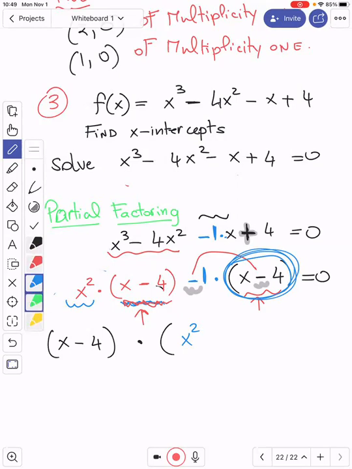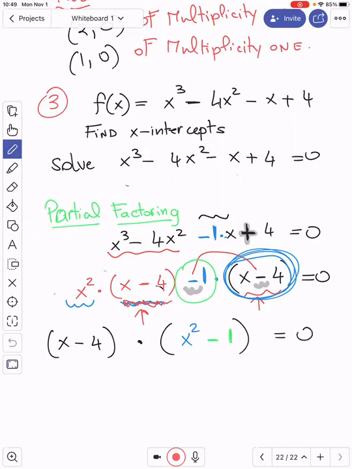So this is negative 1, equal to 0. Now, because we have a product of two factors, this is my first factor, and this is my second factor.